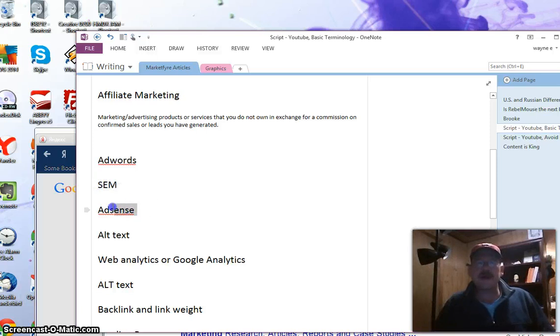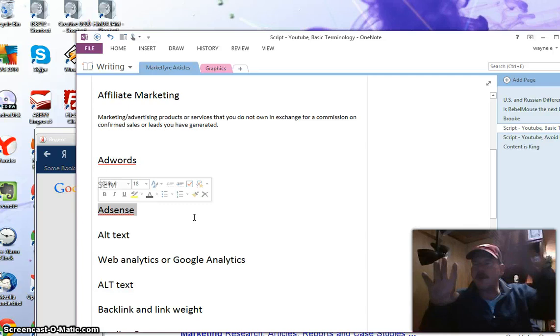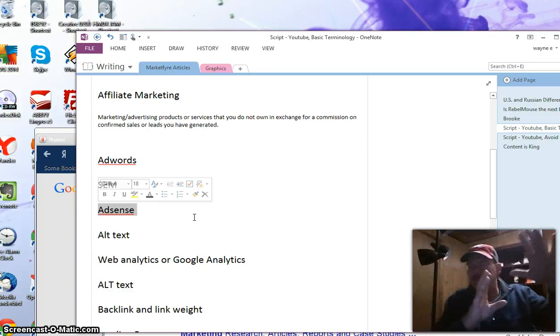AdSense is Google's advertising network for display ads on different sites. A webmaster or somebody that has a site gets a piece of code, and once that code is inserted there, Google will go ahead and insert what ads it wants to put there. It spiders the content of the website and sees what's relevant to what they're talking about.